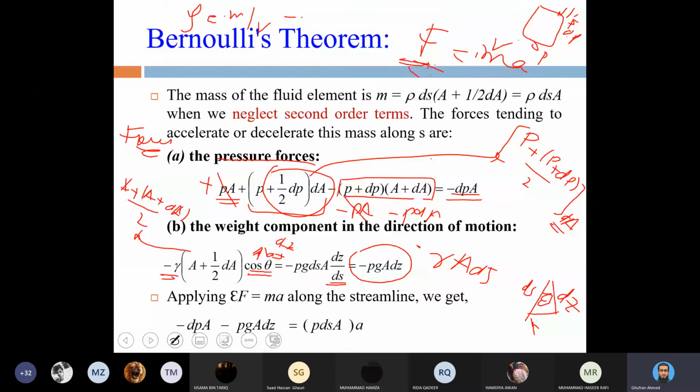So from this we can separate mass as density times volume. And this volume is the product of ds and dA.